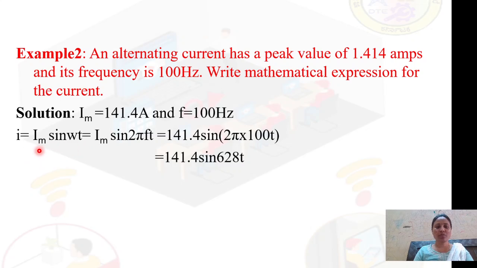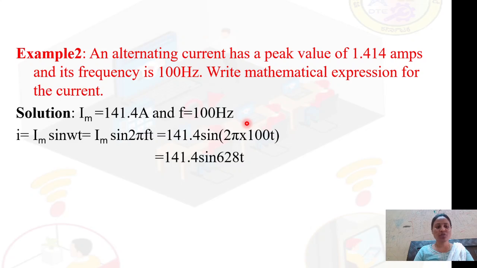We have to obtain the expression from the given values. They have given the peak value, therefore Im is 1.414, and the frequency is 100 Hertz.